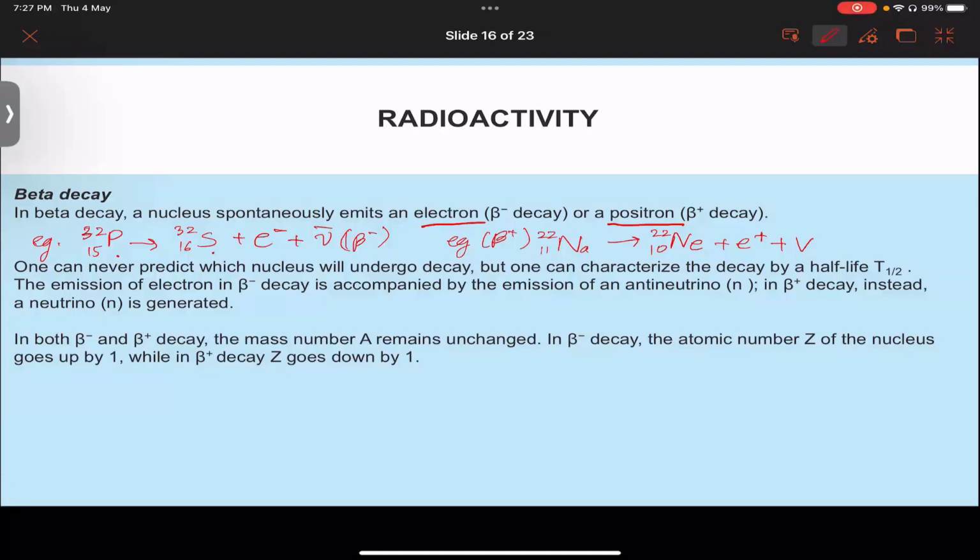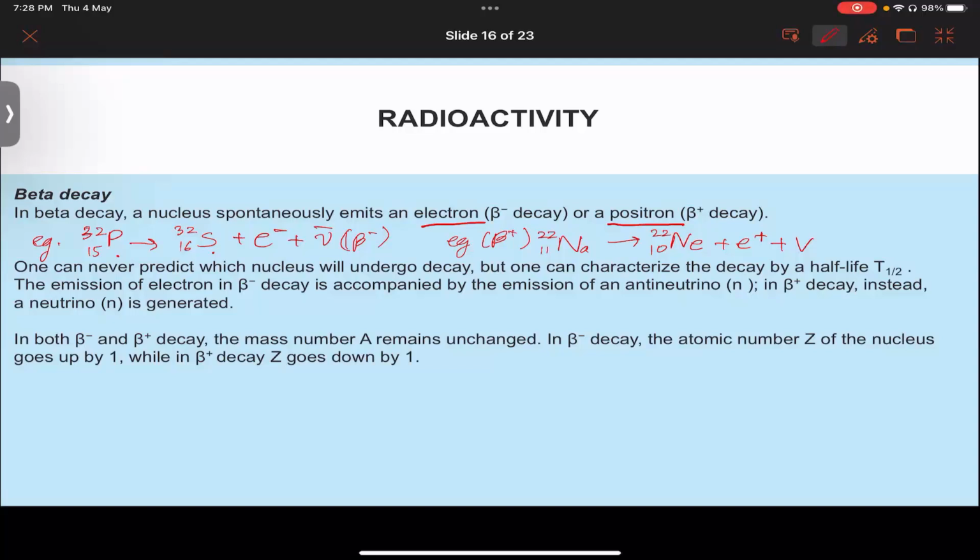The decay is governed by either the electron or the positron being emitted. Usually one cannot predict which way the nucleus is going to decay, but you can characterize the decay by half-life. If you know the half-life, you know which daughter nucleus is going to be produced.